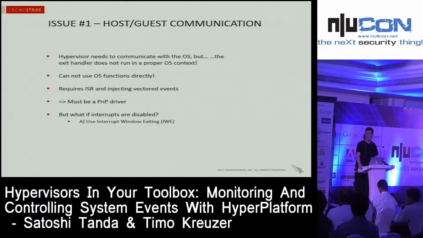This is a feature that when you're in the exit handler, you enable that feature, and the next time the interrupts get re-enabled in the guest, it will automatically trigger an exit. So the next time interrupts are on, the exit handler will be notified, so you can then inject the interrupt after interrupts are enabled on the guest.